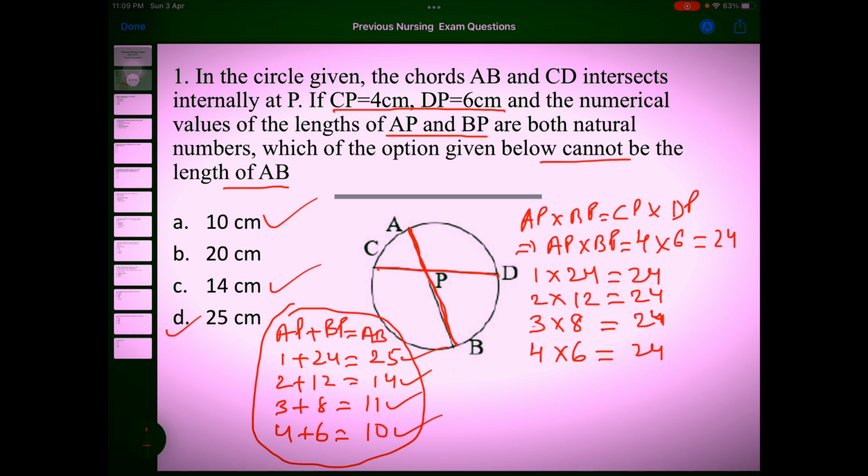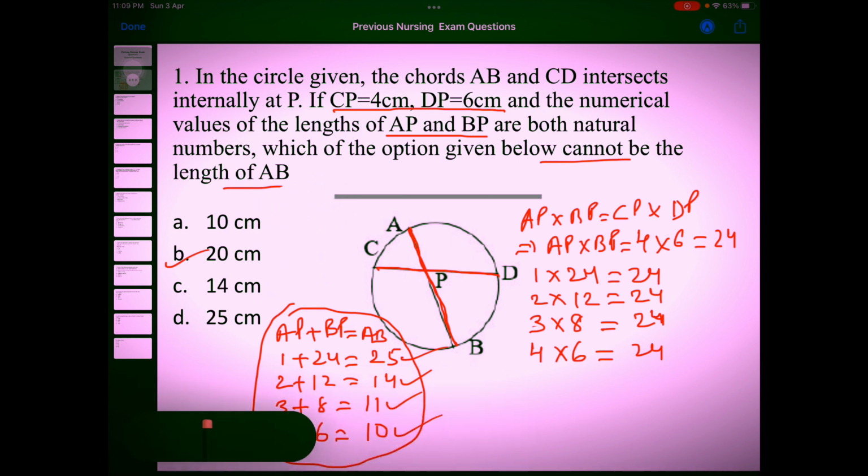The question asks which option cannot be the length of AB. So the correct option here is option B, that is 20 cm. So 20 cm cannot be the length of chord AB.